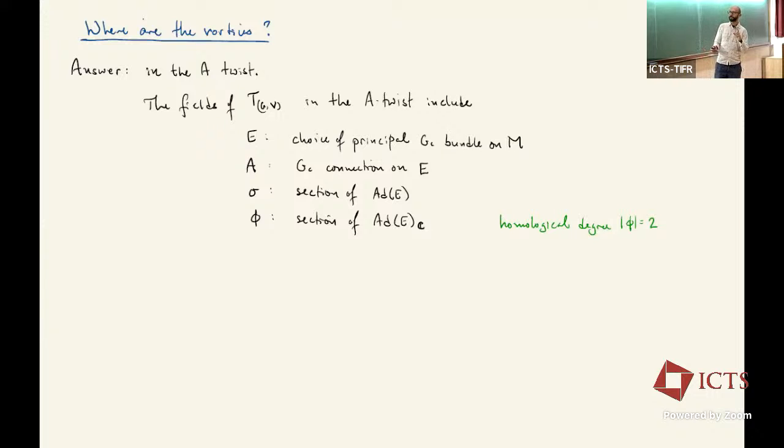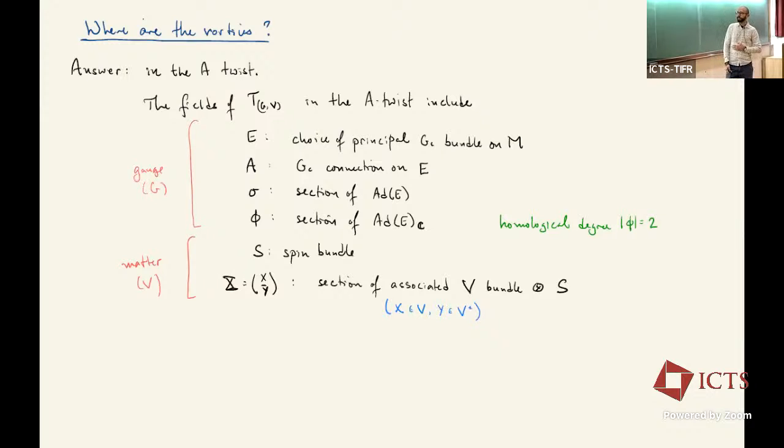In the A-twist, they go in different directions. So there's a real scalar, or a real section of the adjoint bundle, and a complex one. The real one plays a more important role, and the complex one doesn't. That's the data canonically associated to the group G, and then there's data associated to the matter.